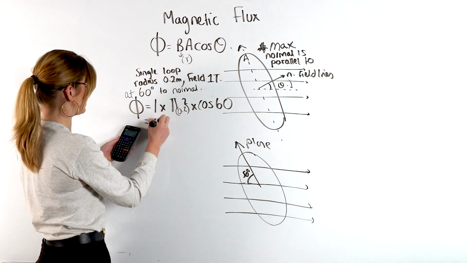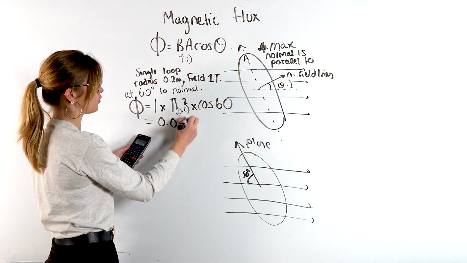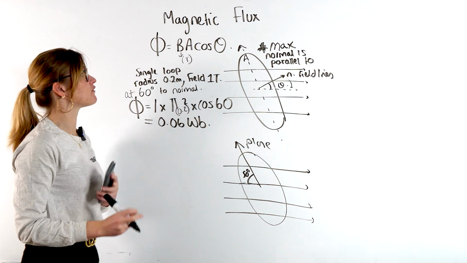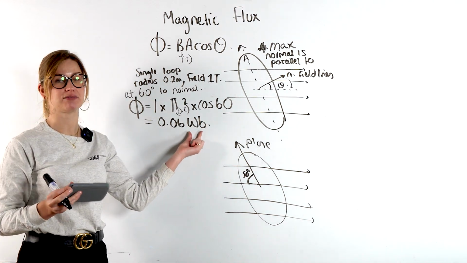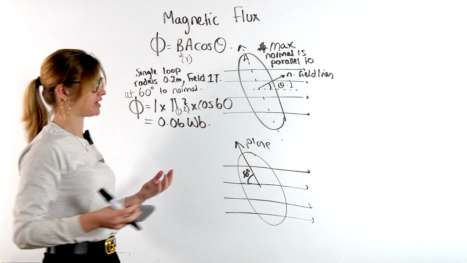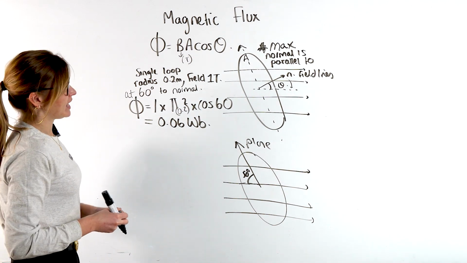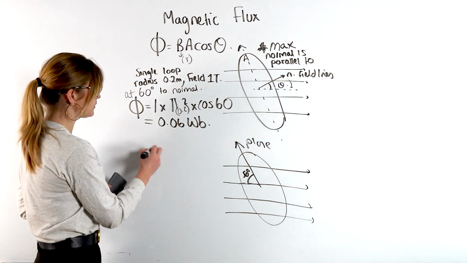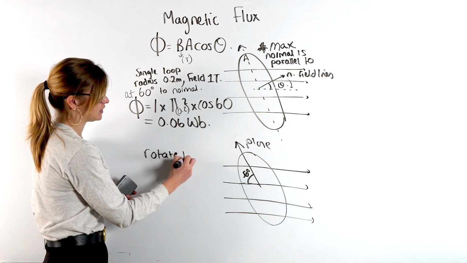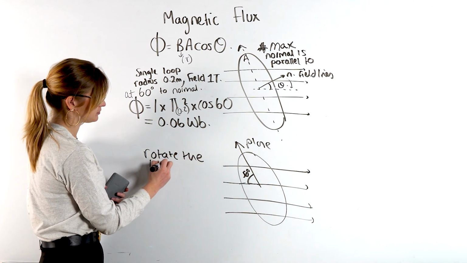What we get there is 0.06 Webers. That's the unit of our magnetic flux. It's called Webers, like Wb, kind of like duck's feet, Webers.